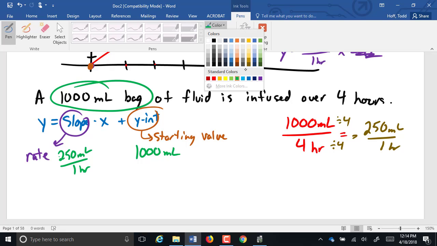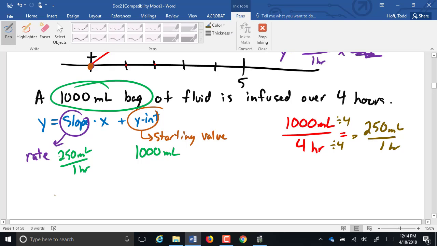So that gives us then the equation y equals, now I should be careful, the volume is reducing, is getting smaller, so that's technically a negative 250. The volume is decreasing. This is negative 250 milliliters. That volume went from 1,000 down to 0 in that period of time.